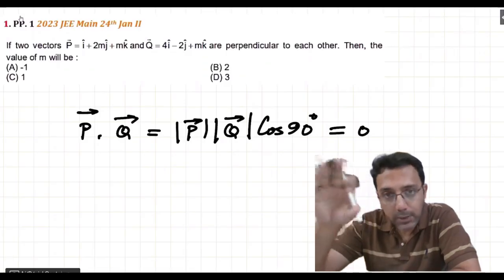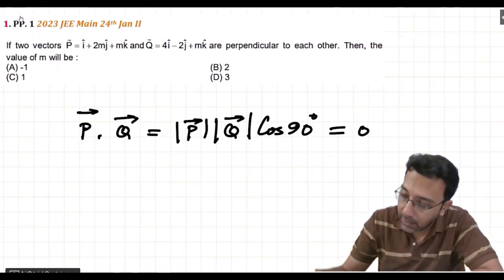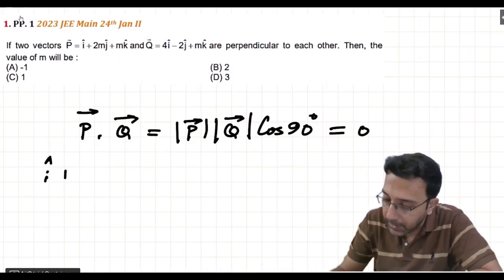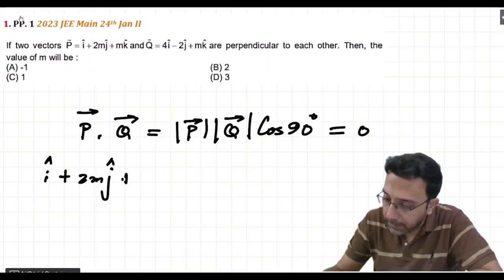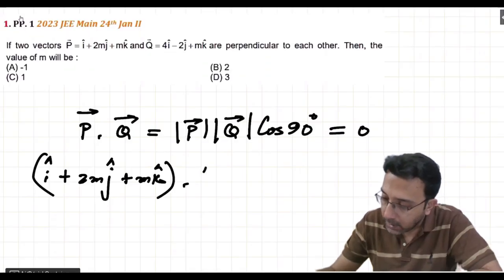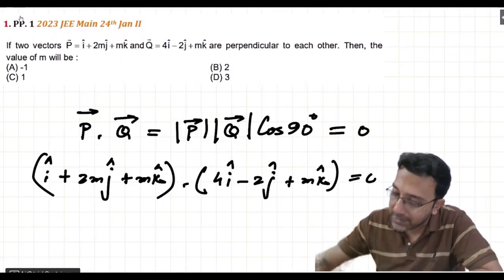Please don't have any confusion on this. So let us see how that dot product can be calculated. I am writing i plus 2mj plus mk dot 4i minus 2j plus mk, that turns out to be 0.